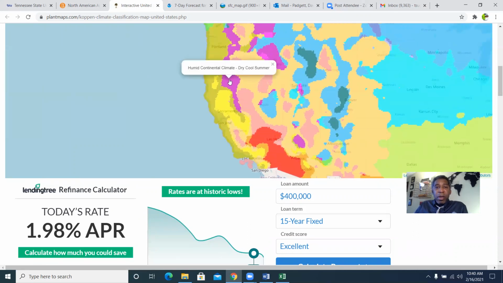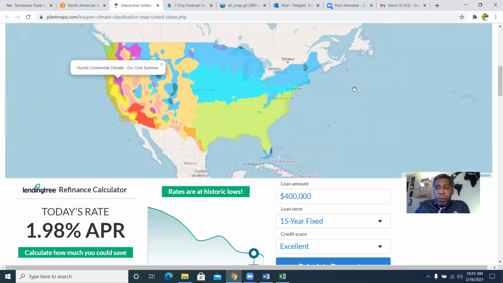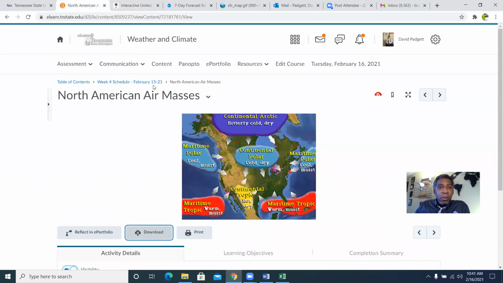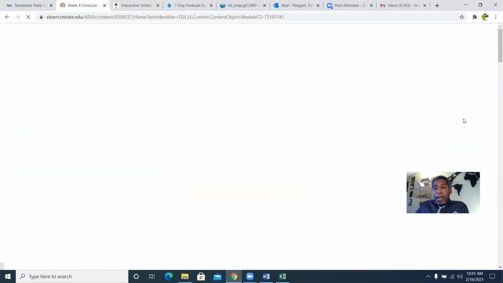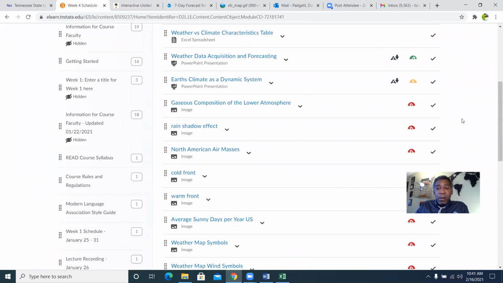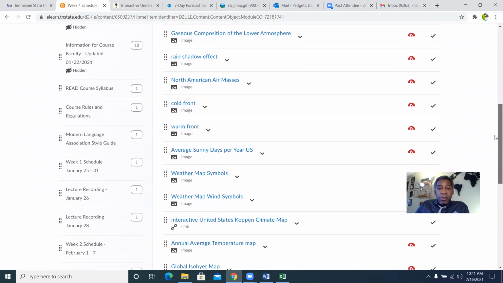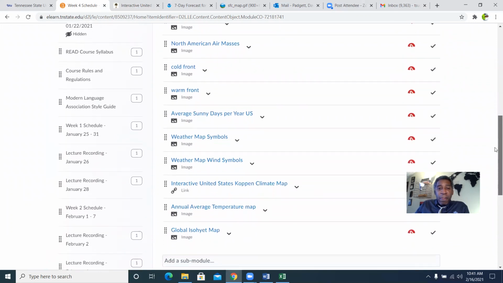Then we have this purple area, humid continental climates. That climate is there because of the mountain range. But for the most part, I think for our class, we are going to be focusing upon the southeastern and midwestern U.S., except for Theodora.